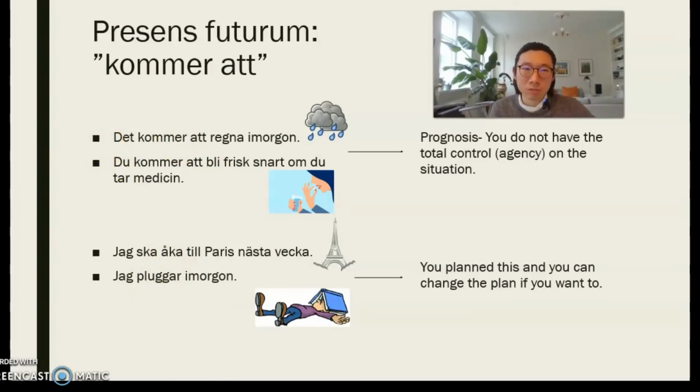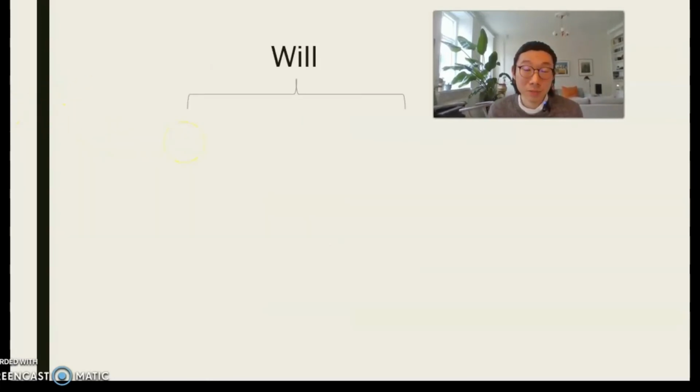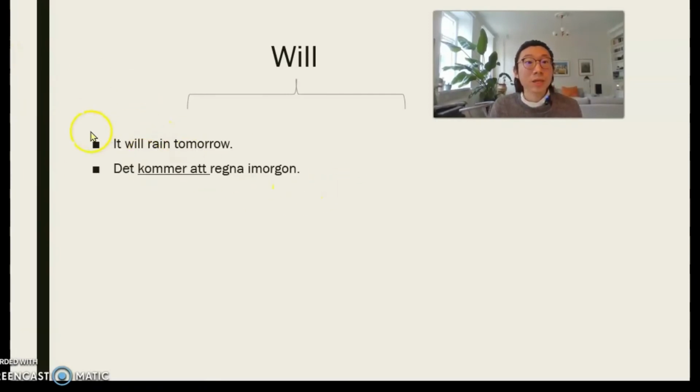So "kommer att" is quite special. What would we say in English? In English, it is actually "will." It is actually a part of "will." So in English, you would say "it will rain tomorrow." But in Swedish, you would say "det kommer att regna." In English, you will say "I will visit my friend tomorrow."